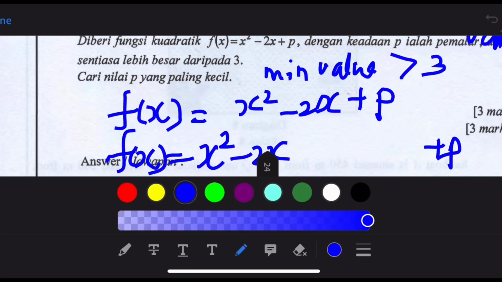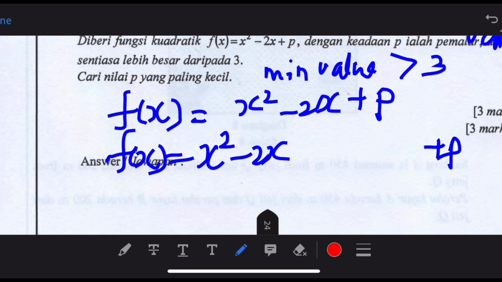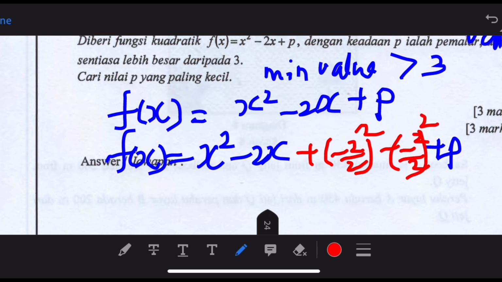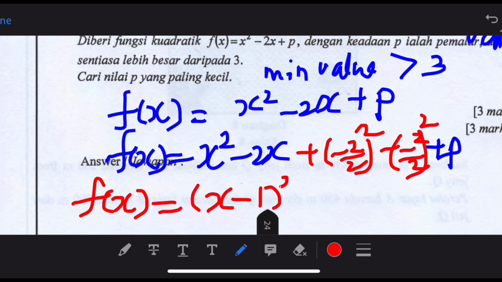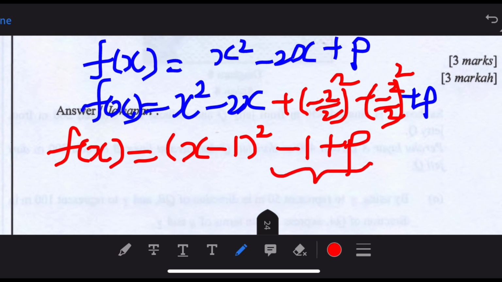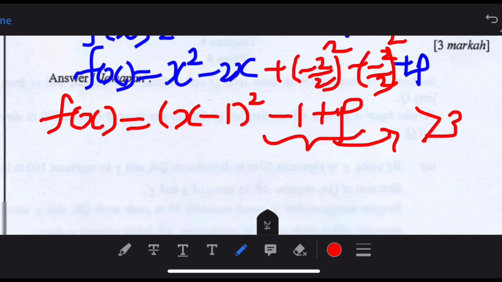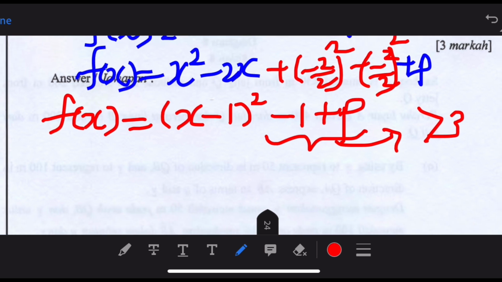If I want to do completing the square, I have to add in half of b squared, and I have to minus it out immediately, so its value has no changes. Then we simplify the first 3 terms into a perfect square, and all the values after the perfect square should be more than 3.